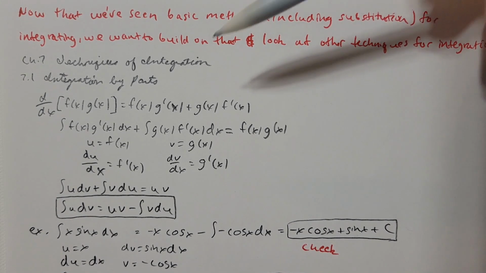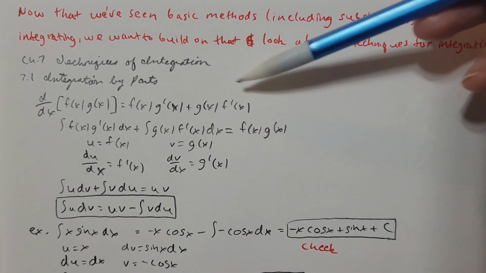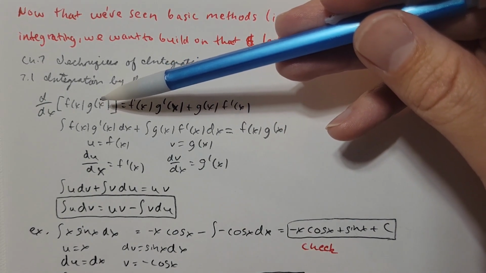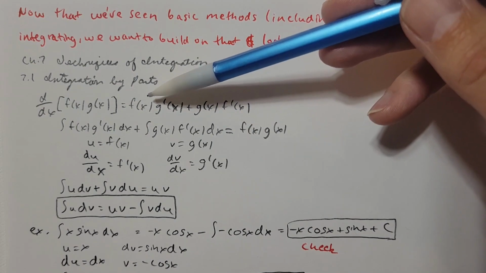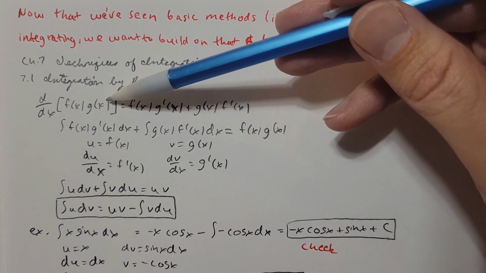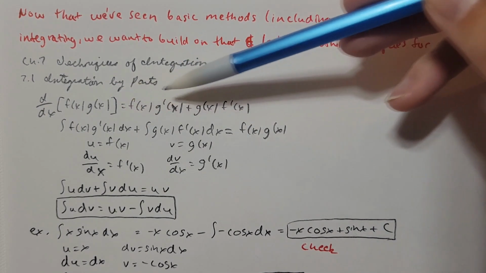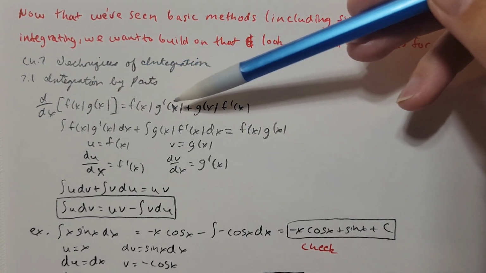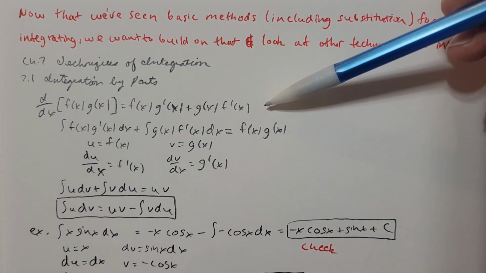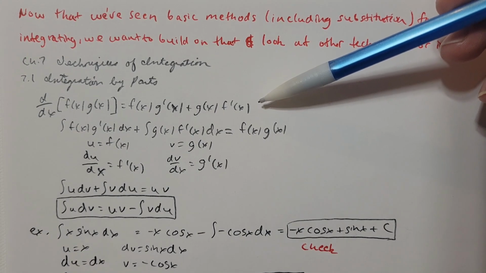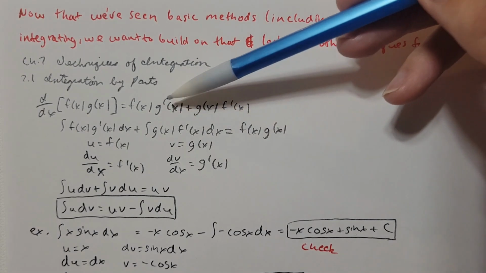Now, here's the product rule. So if I'm differentiating a product, f of x times g of x, I take the first times the derivative of the second plus the second times the derivative of the first. Okay, and I'm going to use this equation here, and I'm going to integrate both sides of this. Also, I'm going to flip both sides.